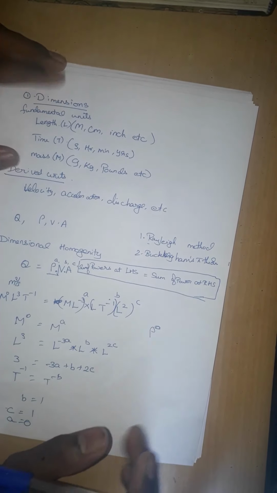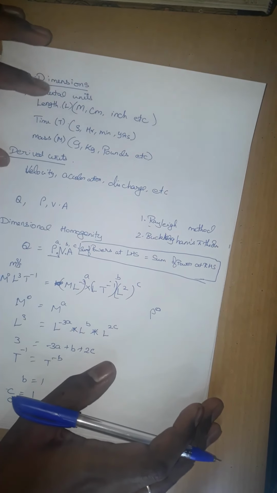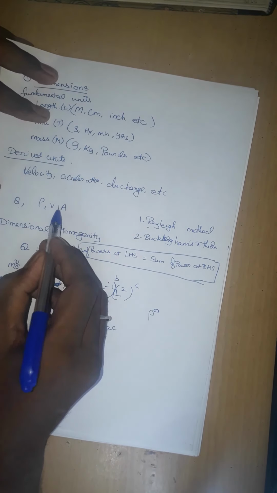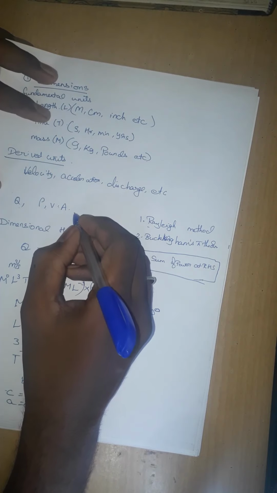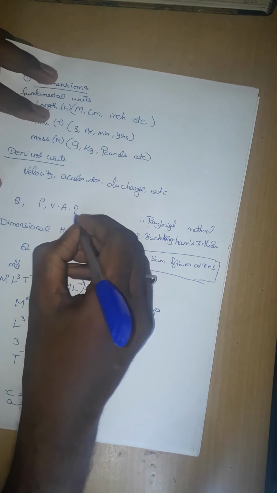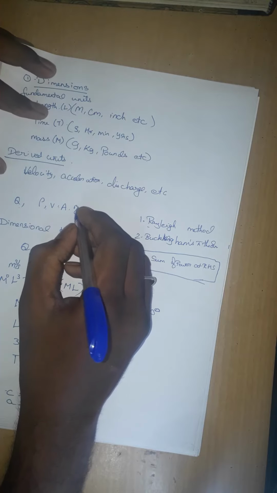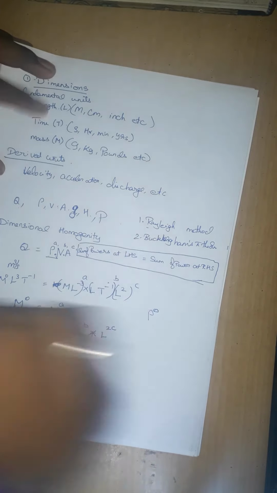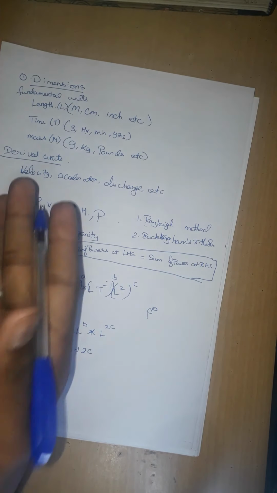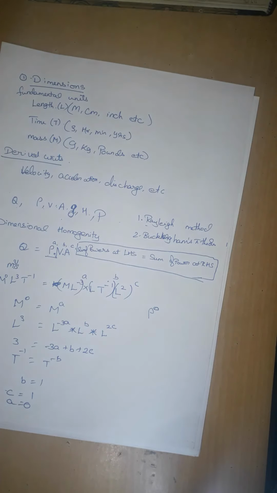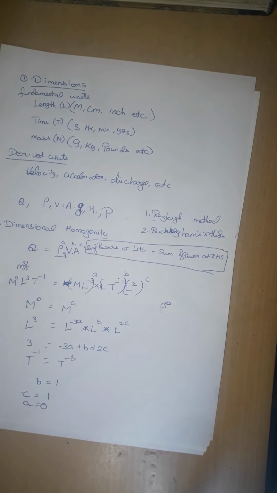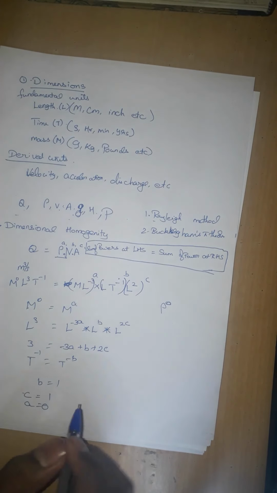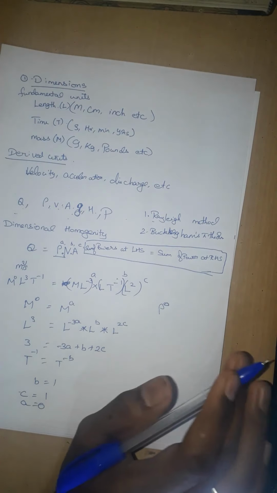One major disadvantage of the Rayleigh method is when we have more than 4 variables, say we have Q, V, A, and another 4 terms like gravity, head and power. To find the relation we have 6 variables, and the Rayleigh method becomes very complex.